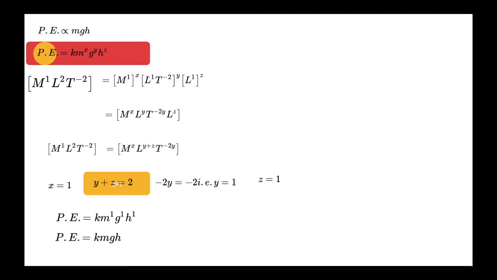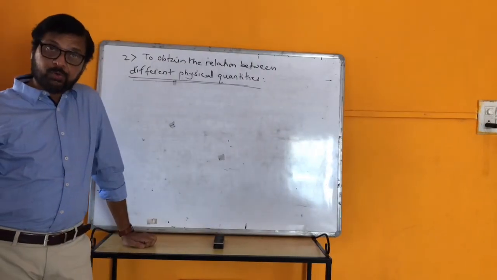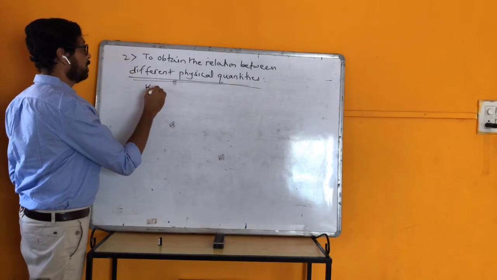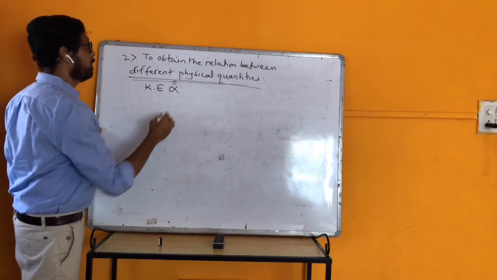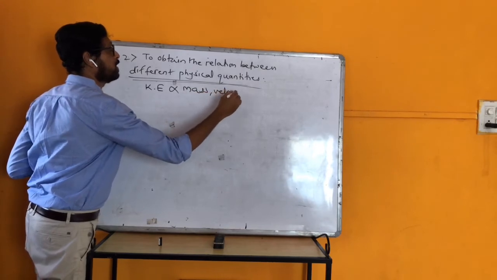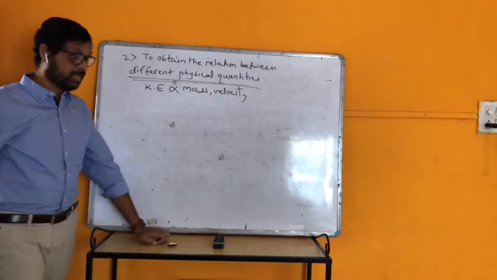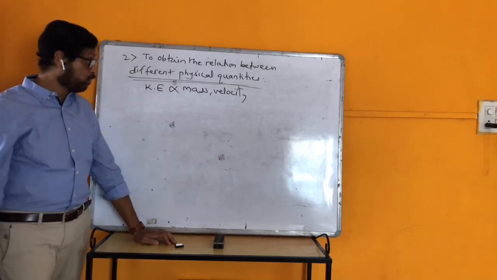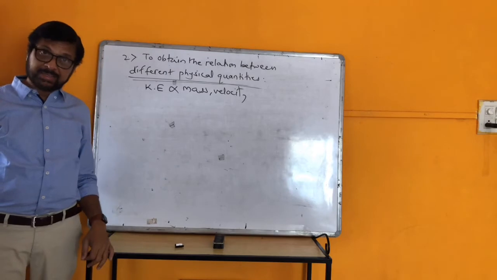Now let us see another example to find the relations. Suppose it is given to you that kinetic energy depends upon mass and velocity, and you are asked to find out the exact relation between them.